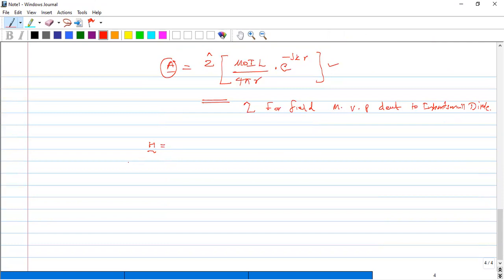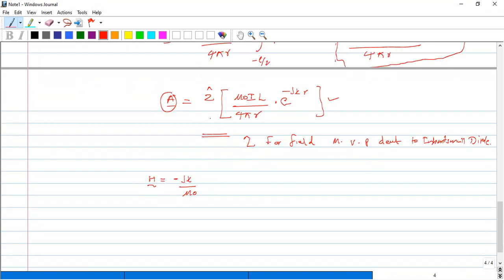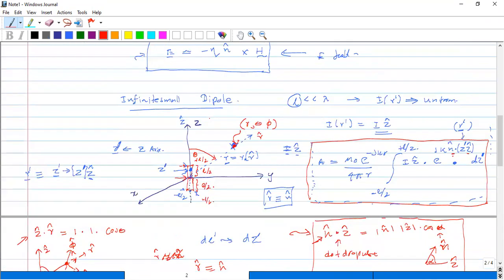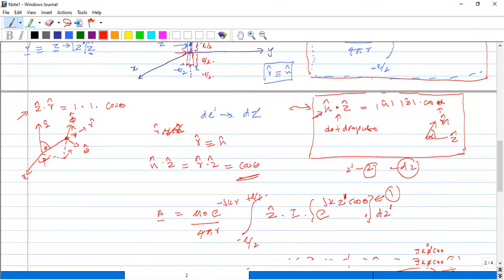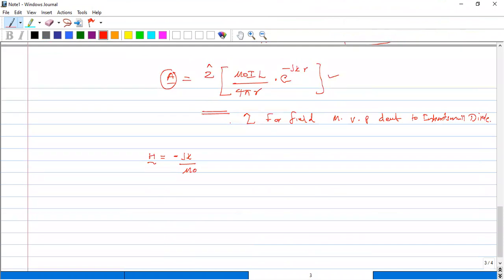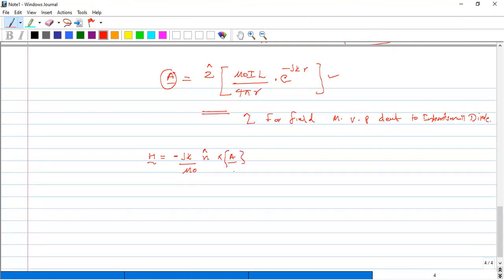The magnetic field is minus jk divided by mu naught, n hat cross A. Now you have found A, so substitute this value here, then you can find the magnetic field.